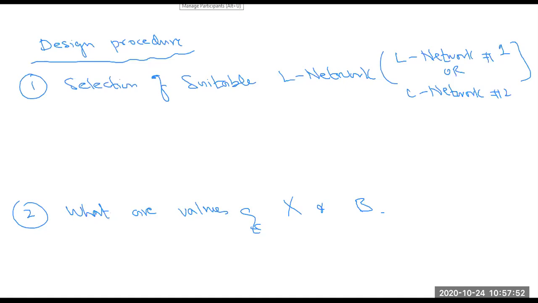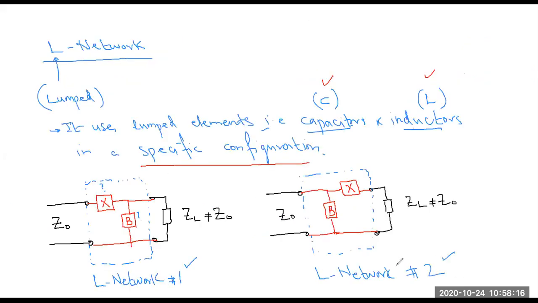So let's answer the first question: how will you decide whether L network number one will solve the problem or L network number two will solve the problem? The answer to this question will be based on the location of the impedance. Of course, whether L network number one or number two will be used is very much dependent on your load.